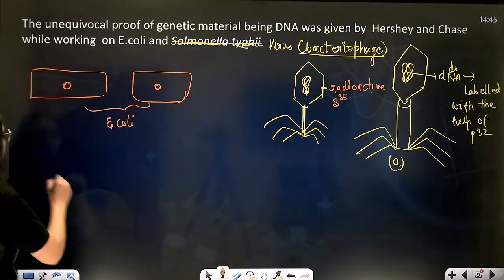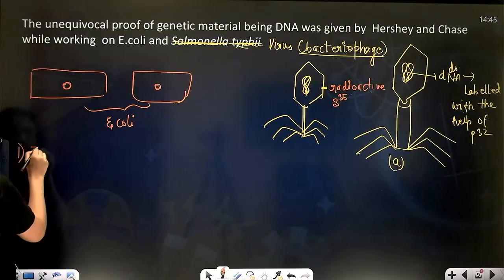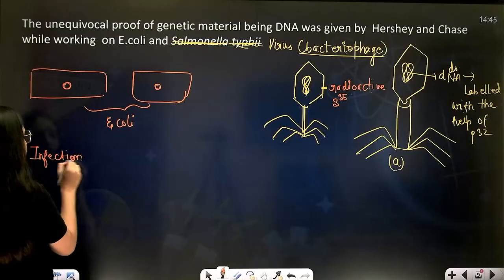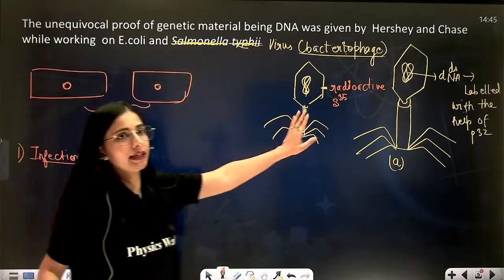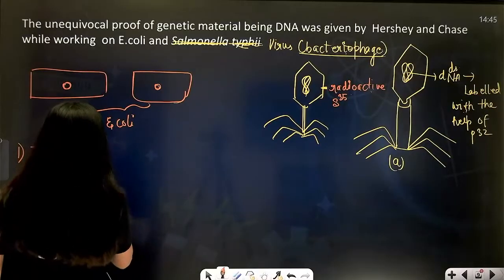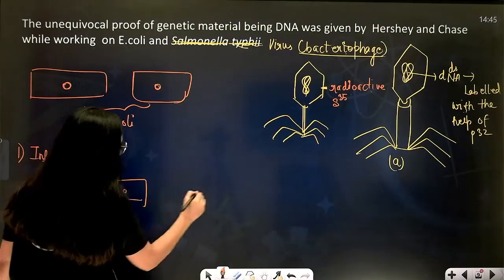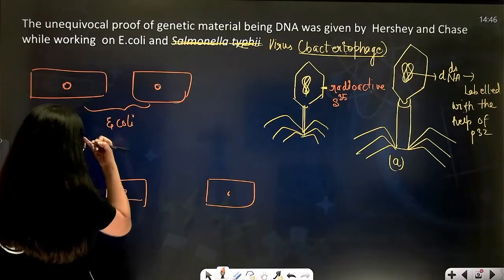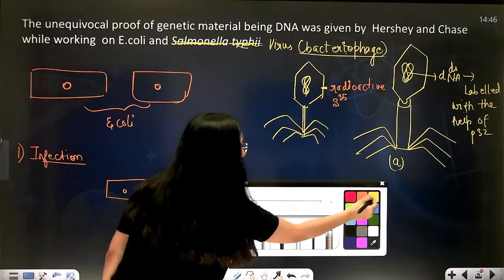Now the first step, let's start the experiment. The first step of the experiment is infection. Infection means let the bacteriophage attach with the E. coli. Infect the E. coli bacteria with the bacteriophages. So now both the bacteriophages will infect.